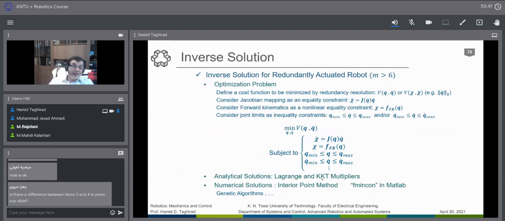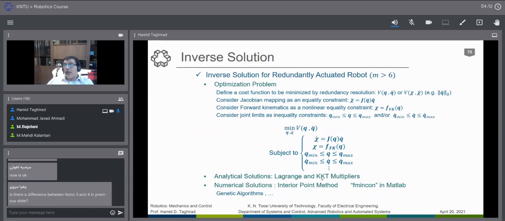It is a long story. I cannot go through all the details. The interested people could see any convex optimization book, especially the book by Boyd, which is very good. And if you would like to see it in brief, you can go to the redundancy resolution part of my parallel book to see how this works.